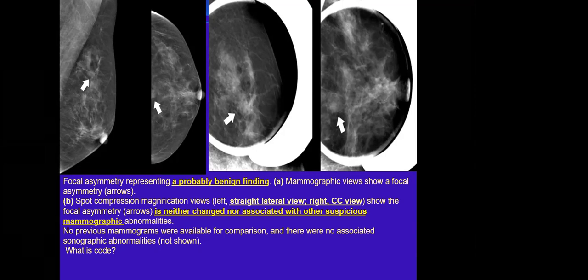And as we mentioned before, if it represents not a superimposition of tissue but an island of tissue, the focal asymmetry might persist on spot magnification, and ultrasound doesn't show any abnormality. So how are you going to code it?